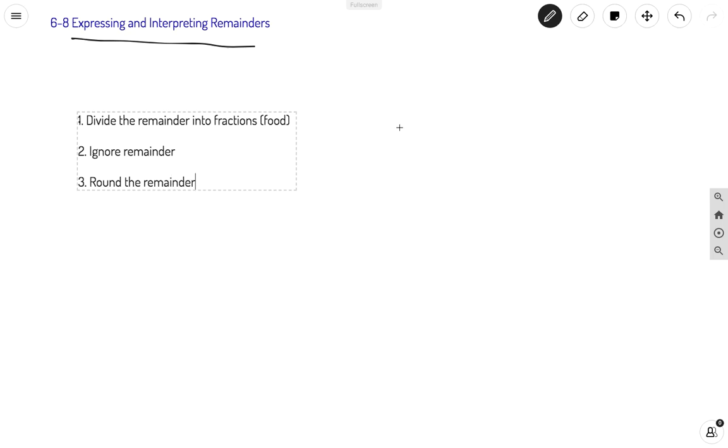So in all 3 of these instances, like I said before, and I tried to reiterate throughout, each of these depends on the context of the situation or the story problem. So it's very important that you think about the story problem in a real life situation.